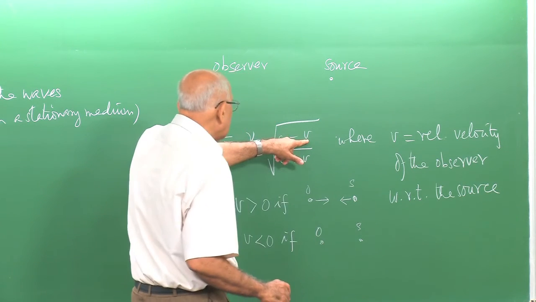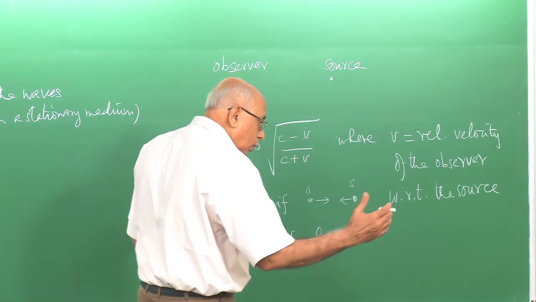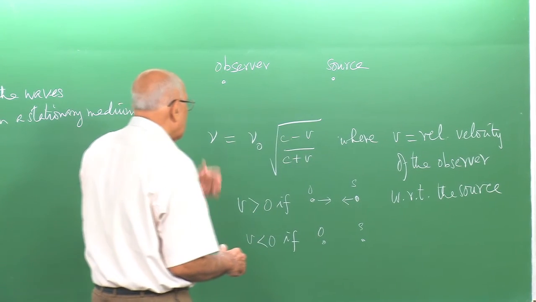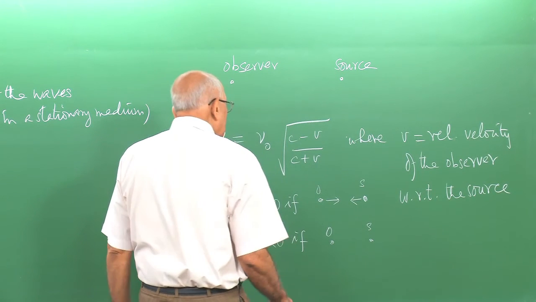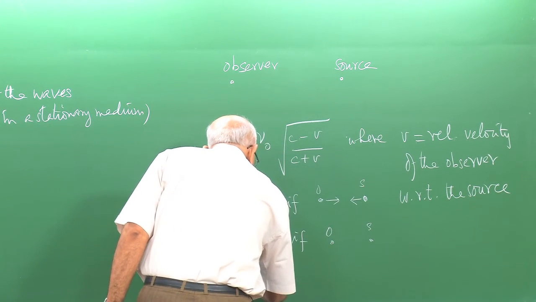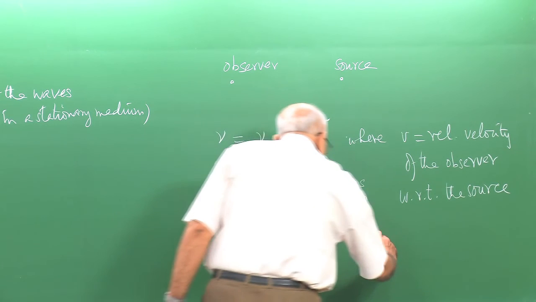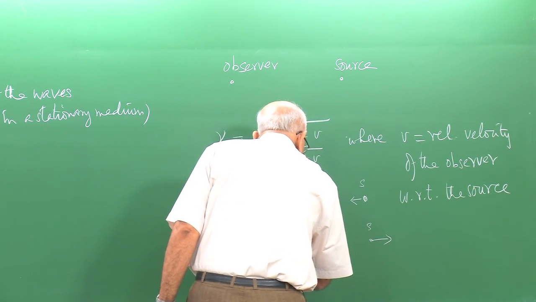When they move towards each other, if v is positive, this is going to give a compression here, so the thing decreases, so it is the other way about. v is less than 0 if they are moving towards each other, and v is greater than 0 if these are moving away from each other.